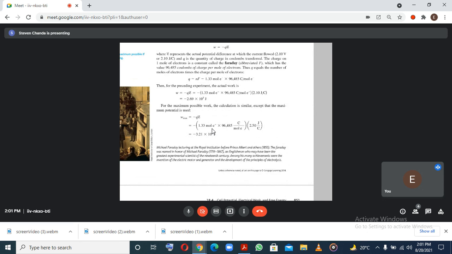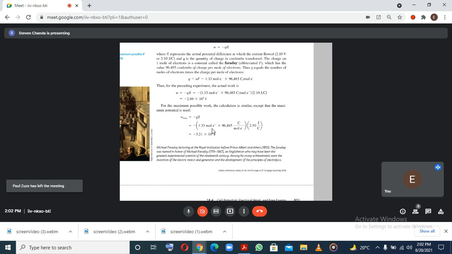There was a scientist called Faraday that calculated the amount of charge that one mole of electrons conducts, and he found that value, which we now call Faraday's constant.